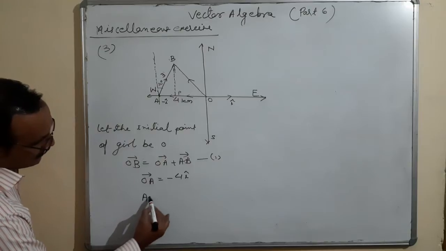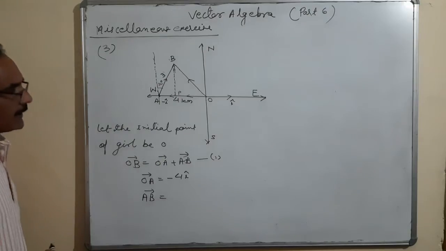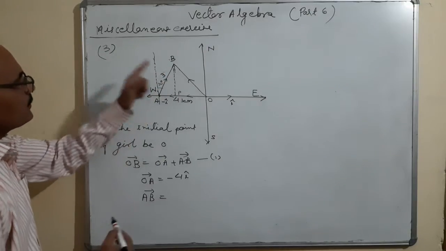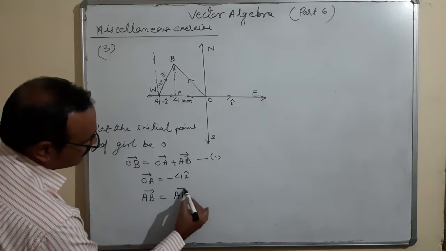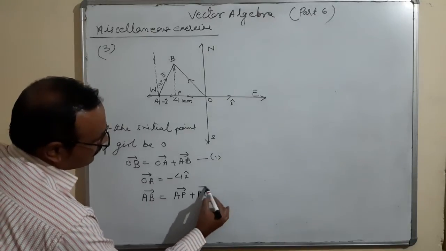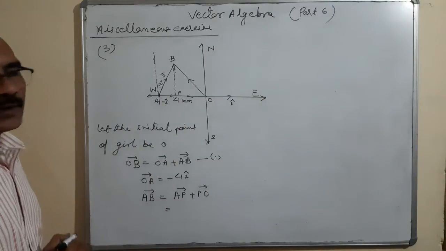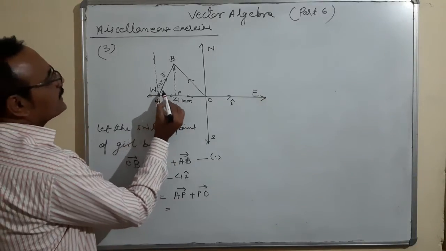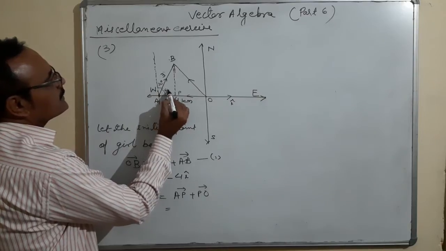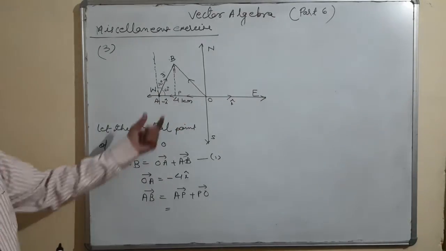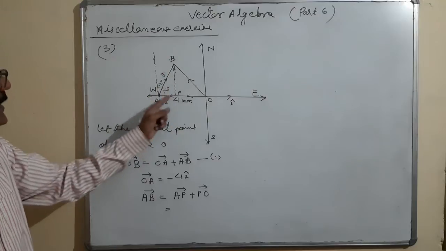AB is equal to, using the triangle of vector addition, AP plus PB. This is AP. If this angle is 30 degrees, that means this angle is 60. So how to find AP in this triangle?